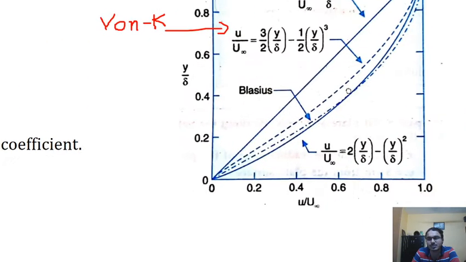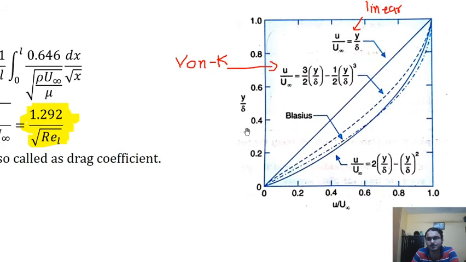As you can see in this figure, first the linear one is a direct complete line. Then the second, the dotted curve which you are observing, is von Karman. The third dotted one is Blasius, and the last solid curve is for this formula where u upon u infinity is 2 into y upon delta minus y upon delta square.